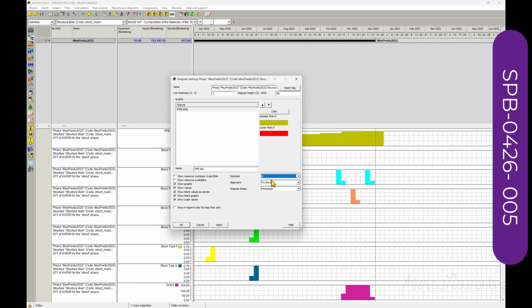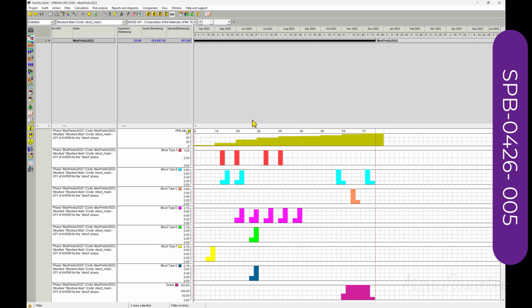No decimal places. We start with 4 PPE and we end with 57.